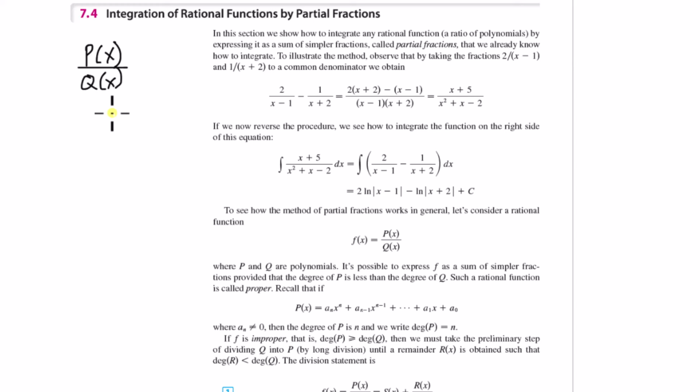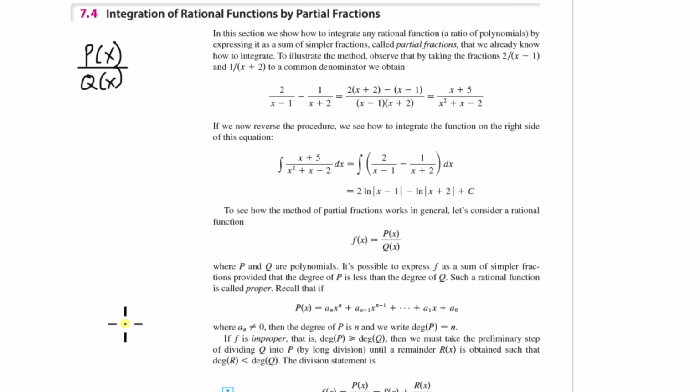So make sure you check out that video. It's in the calculus playlist just before this video, or you can search on YouTube, Aberry Engineering partial fraction decomposition. It's an algebra video.